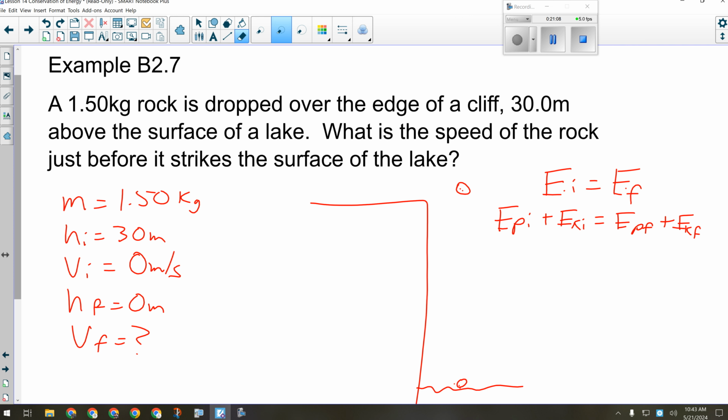Since the object's being dropped and its initial velocity is zero, it doesn't have any of this, does it? If I put in that formula and put in 0 for v, I'm going to get 0 kinetic energy. So that's gone. Are there any other energies in that formula that are 0?